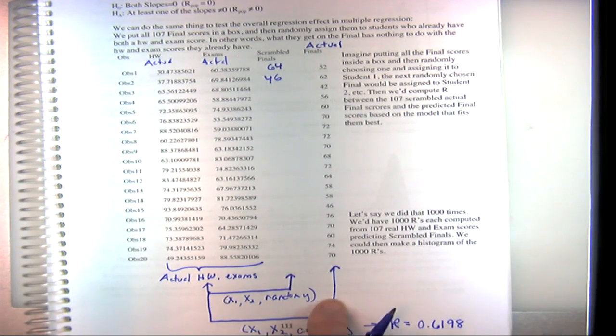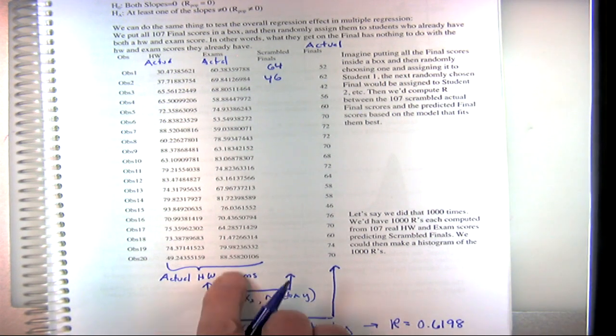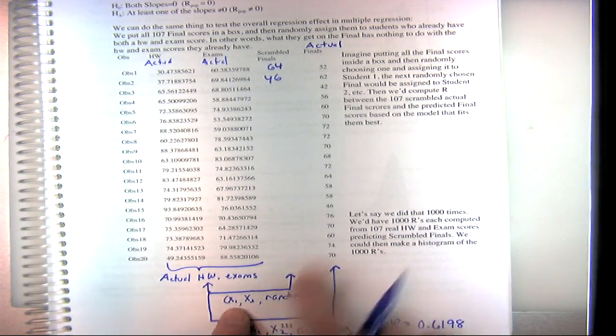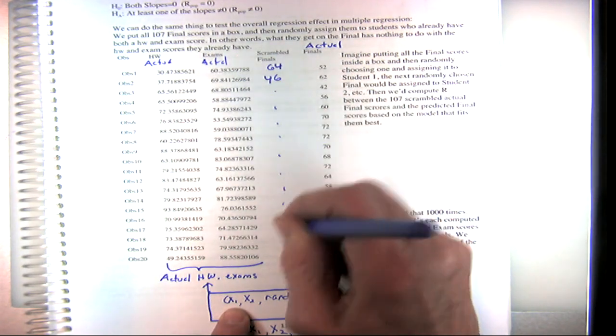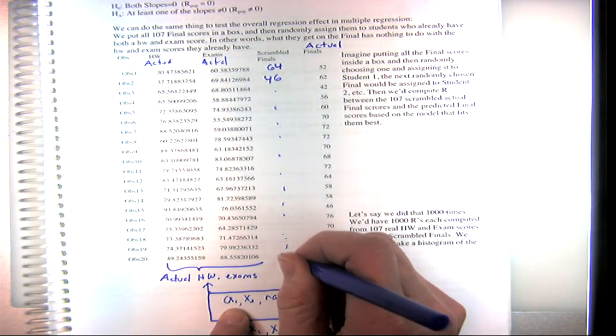And this one is from the data set of the random ones, all the way down to some random one, let's say it was 70.